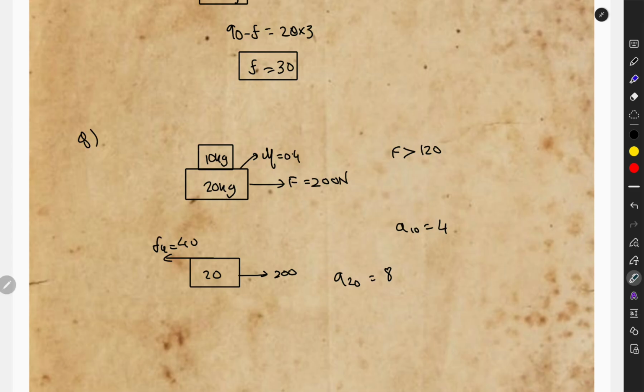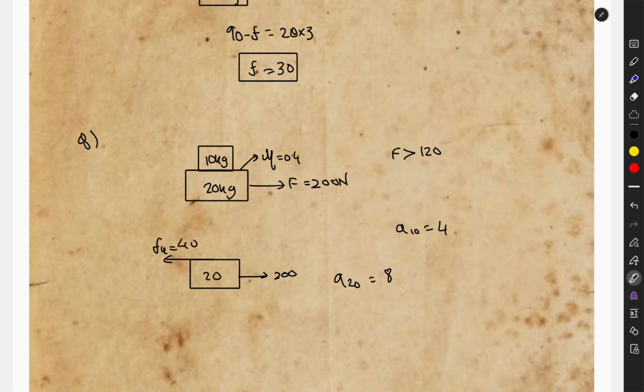And now the same thing, let's say 200 newton of force is applied, which is definitely greater than 120 newton. When 200 newton is applied, the above block will undergo slipping. Since it undergoes slipping, it will have some velocity in some direction, so it will undergo kinetic friction.